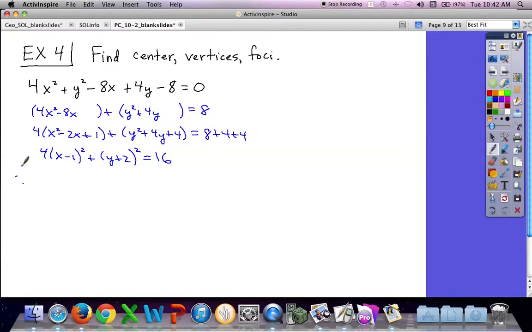Last step. No, it's not in standard form. Divide by 16. You need a 1 on the right-hand side.